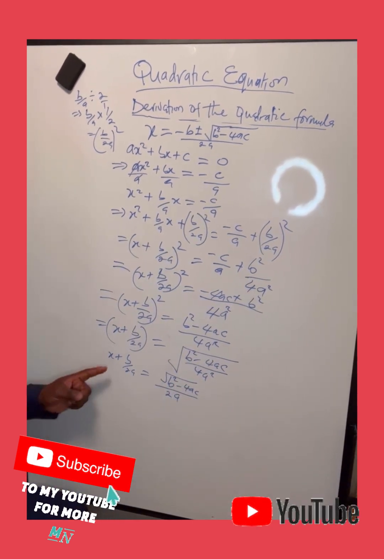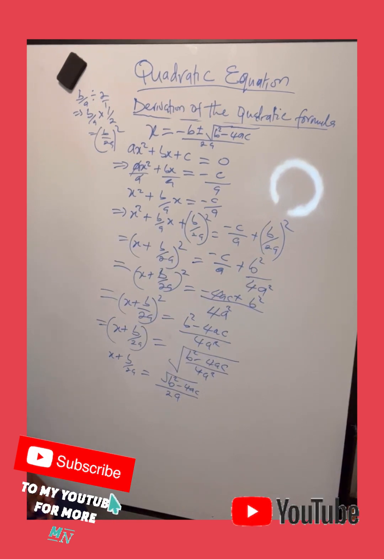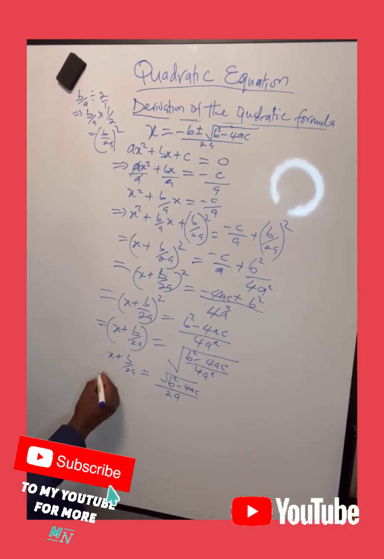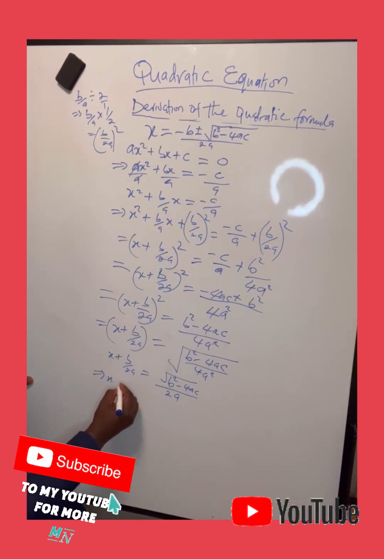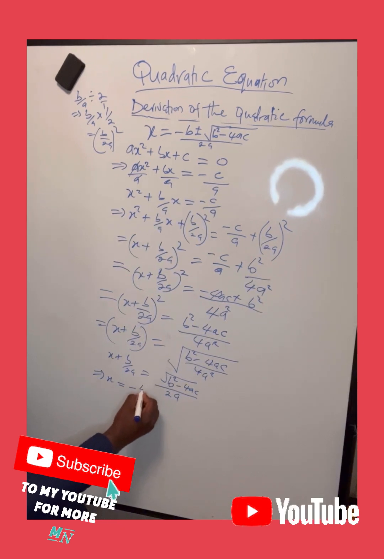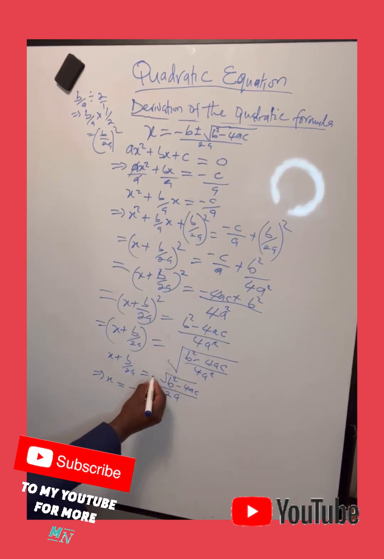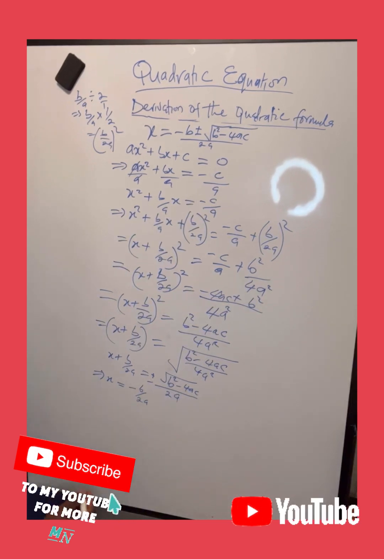Now, in order to make x the subject of the formula, I'm going to collect like terms. So b over 2a is going to move across to the right hand side. That would be x is equal to, and remember it's plus here, so if it moves across, it's going to be minus b over 2a. Then remember, because I got the square root of 4a squared, I'm going to put plus or minus here, because when you are dealing with square roots, you go with plus or minus.